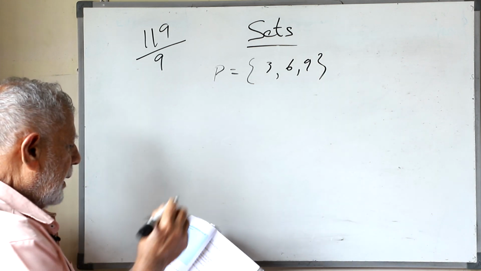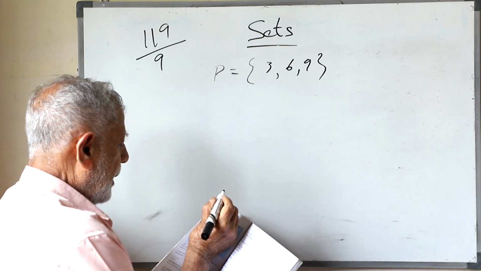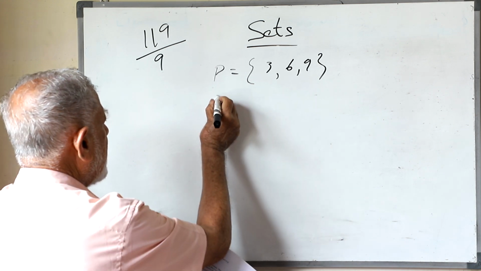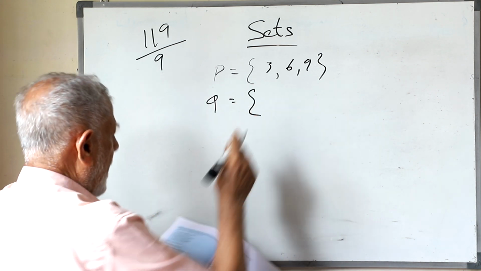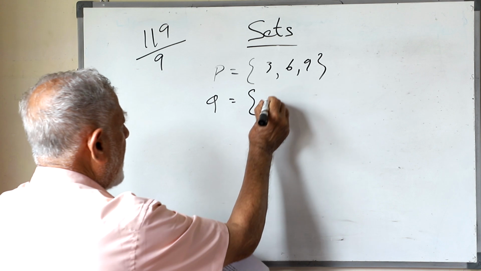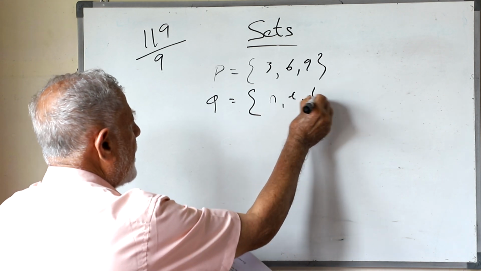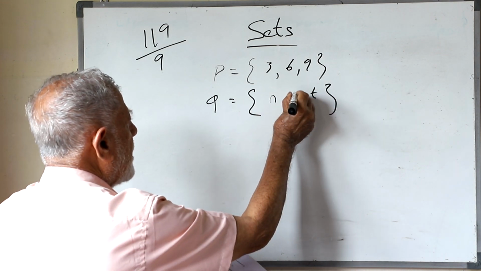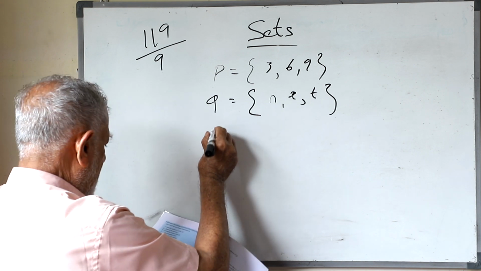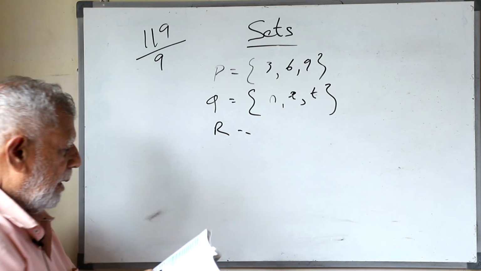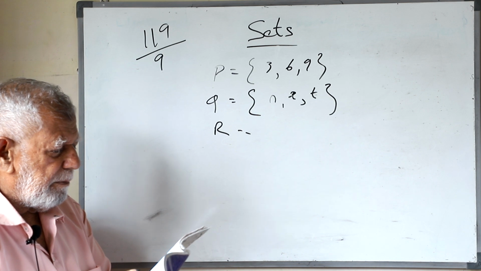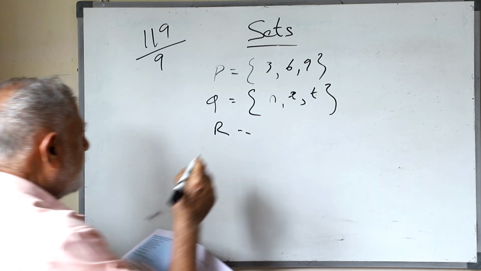Q is equal to letters of the word net. Letters of the word net will be N, E, T. R will be odd numbers between 0 and 10.